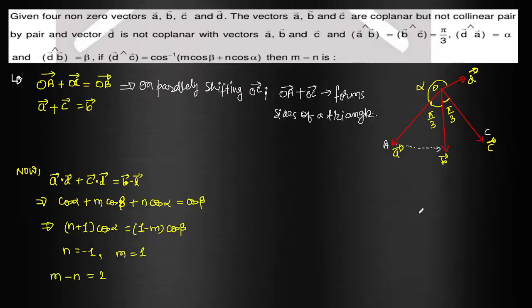So it will become 60, 60, 60. This is 60 degree, this is 60 degree, all are 60 degree.